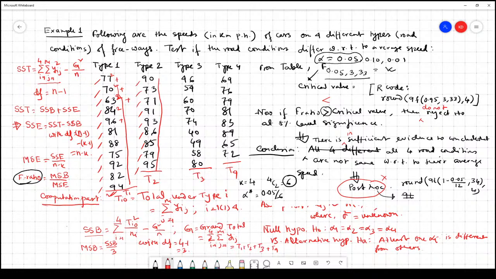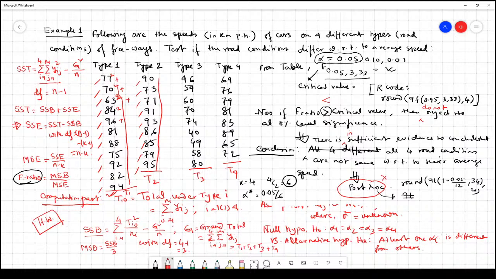Okay. So you complete this computational part at home and submit within a week. This is your homework assignment. You can find R on the net.